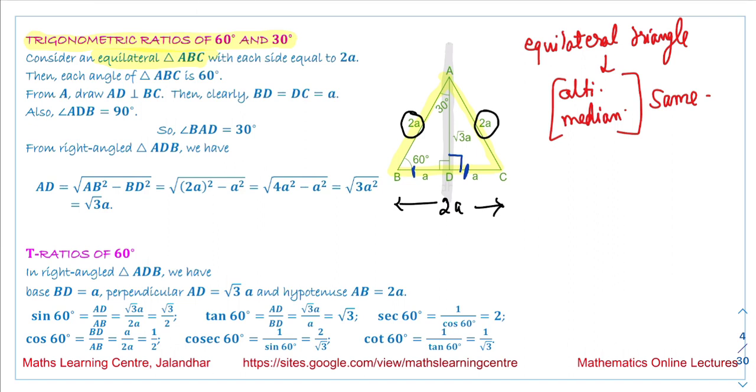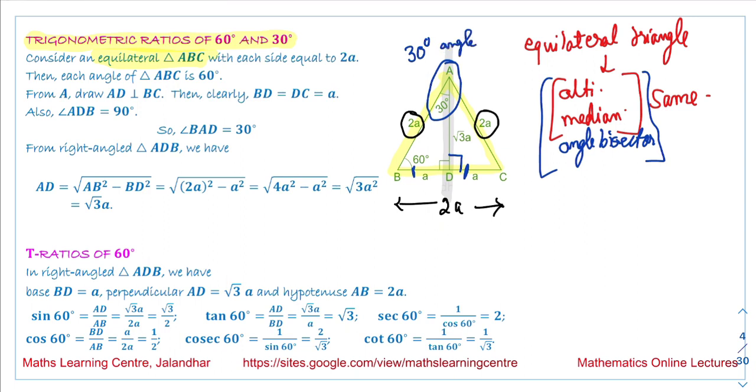If we look at the angle at A, the measure of this angle is 30 degrees, because altitude, median and angle bisector are all the same for the equilateral triangle. So AD is the altitude, the median and also the angle bisector.